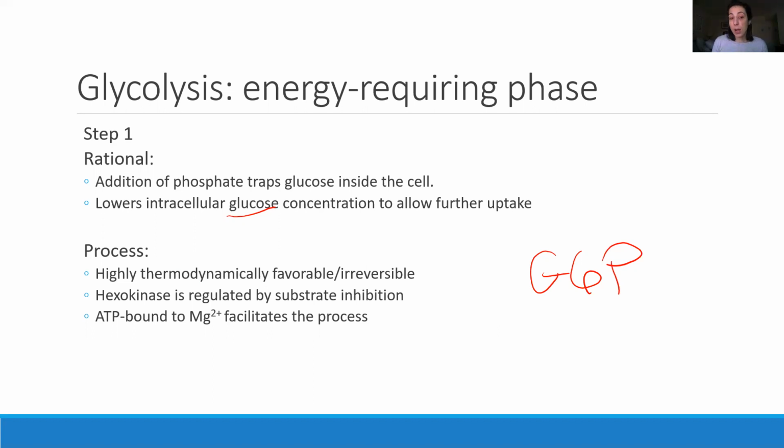This process is highly thermodynamically favorable and also irreversible. So phosphorylating glucose is going to happen in a semi-spontaneous way, and essentially is irreversible to go back to glucose.